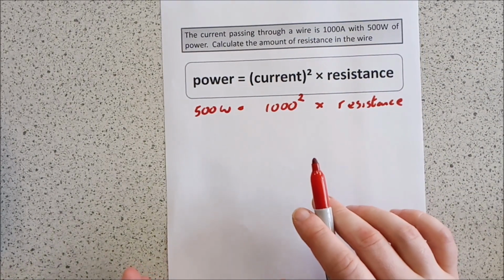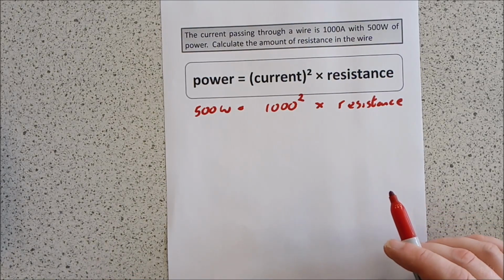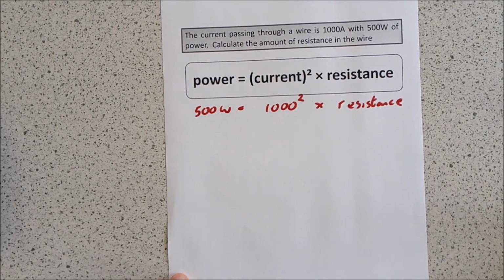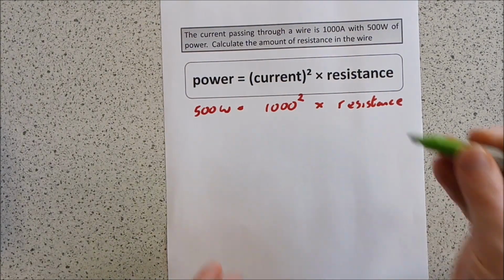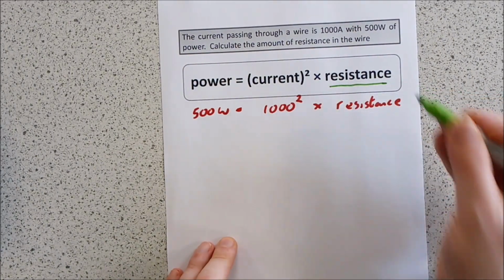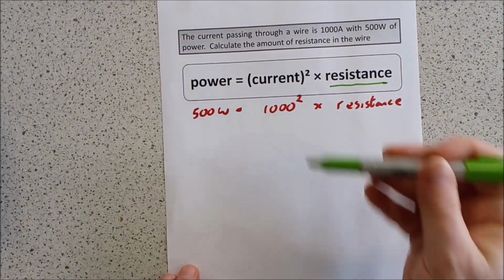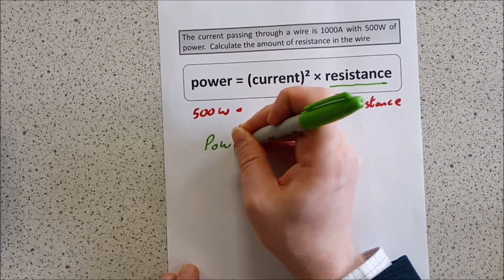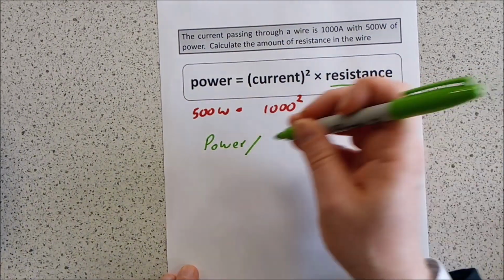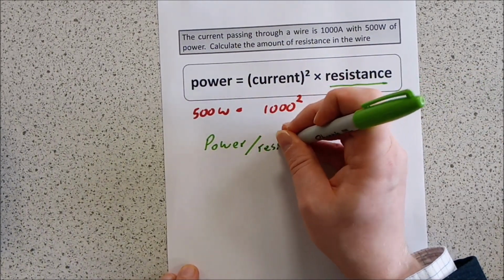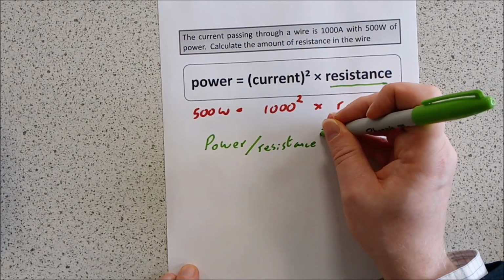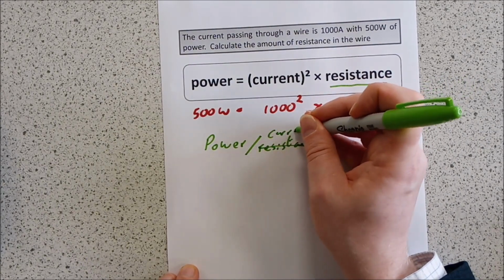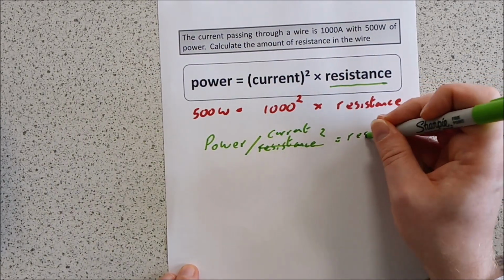Next thing that you're going to do is rearrange the equation. If you want resistance by itself, because that's what we're trying to work out, you're going to rearrange this, so that would be power divided by current squared equals the resistance.